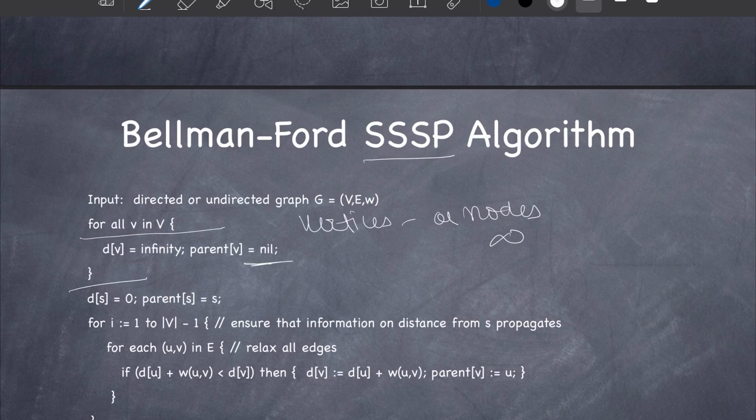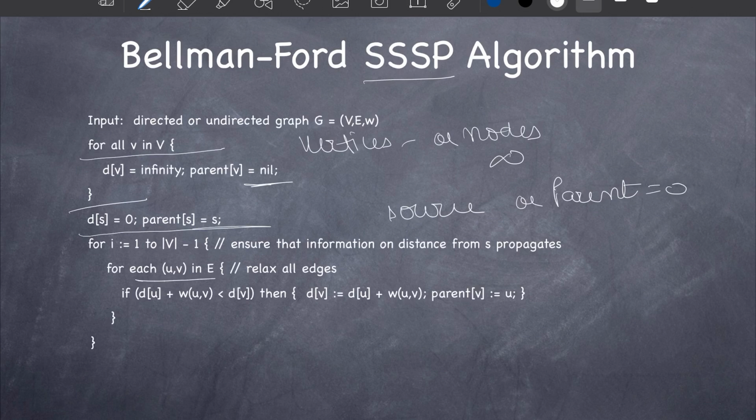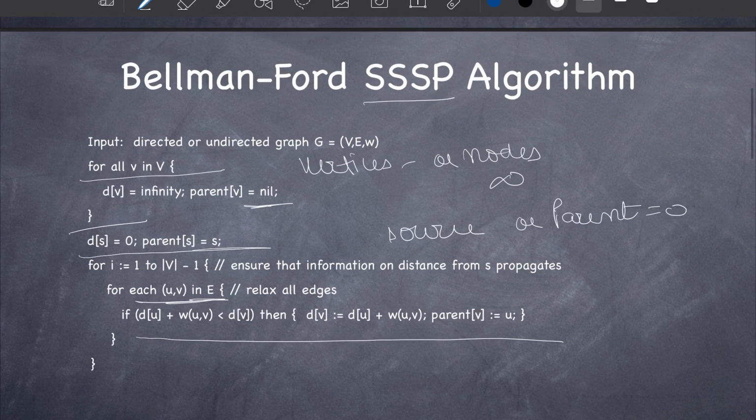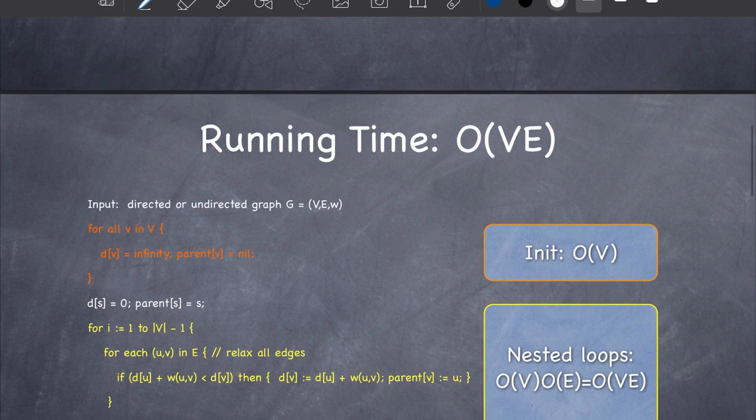After the for loop, we assign to our source a value 0. As we did, we provided source 0 and all the other vertices infinity. Now for each u to v in E, we update the distance. If it's minimum, then we update our distance. So this is how the Bellman Ford algorithm works.